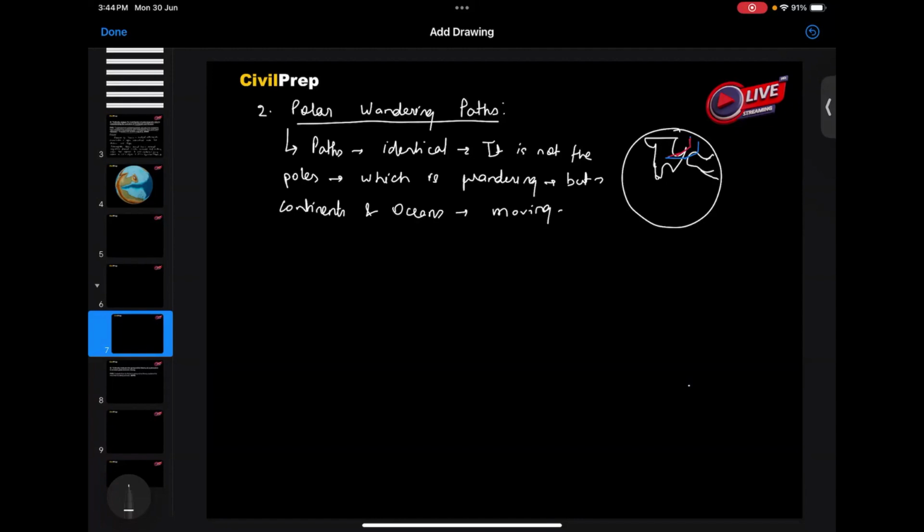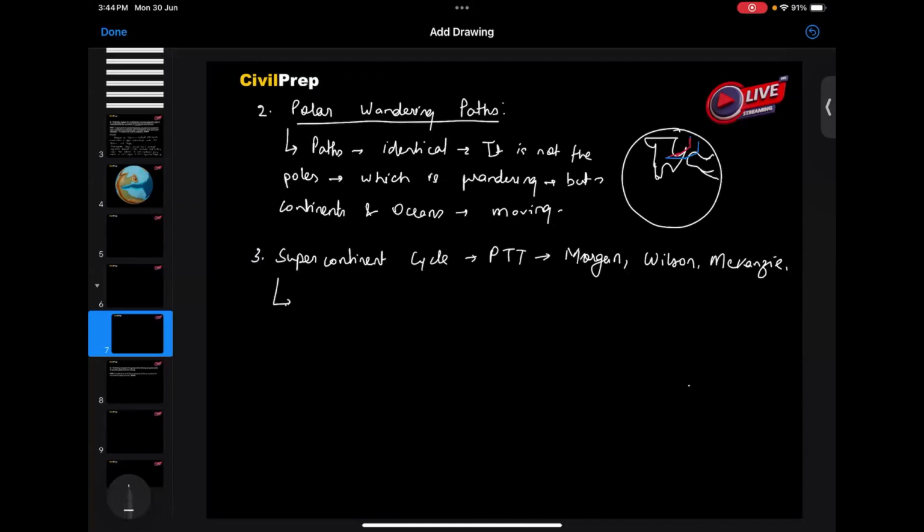Okay. Now, number three, third point. Here we have supercontinent cycle. This was first provided by plate tectonic theory. Here, Morgan, Wilson, Mackenzie, they were the first proponents for this supercontinent cycle.